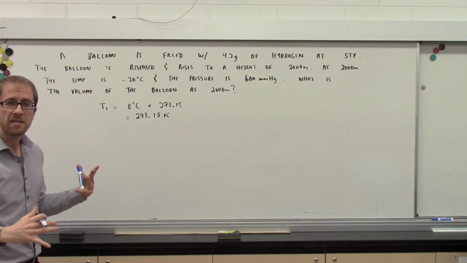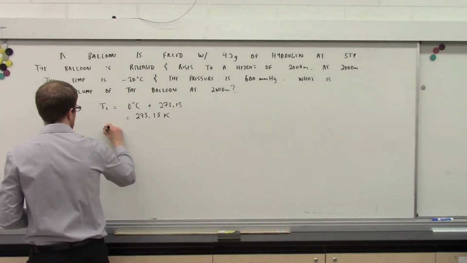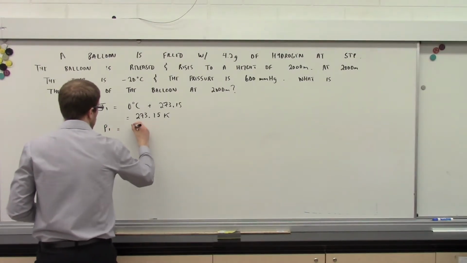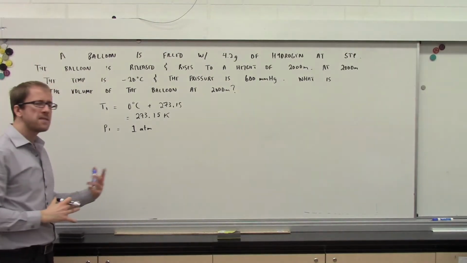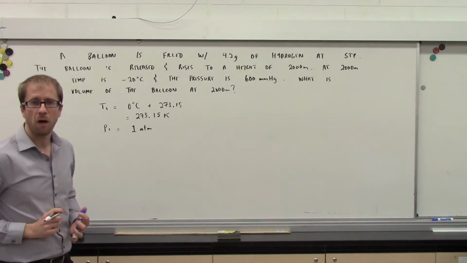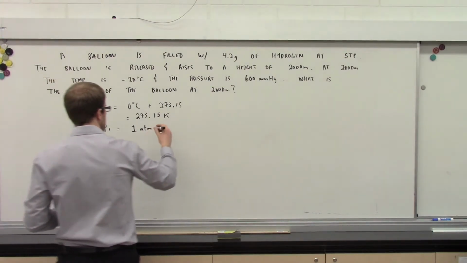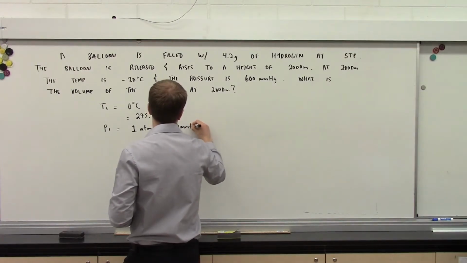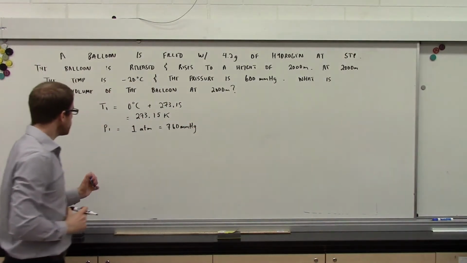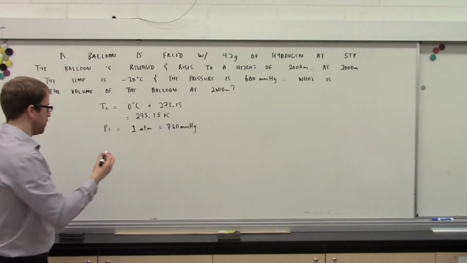And we also know at STP, what is our pressure? Our pressure is 1 atmosphere. Now, what is that in millimeters of mercury? That's 760. So this is 760 millimeters of mercury.